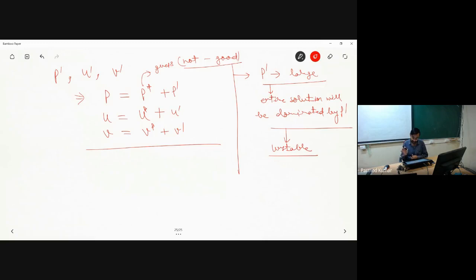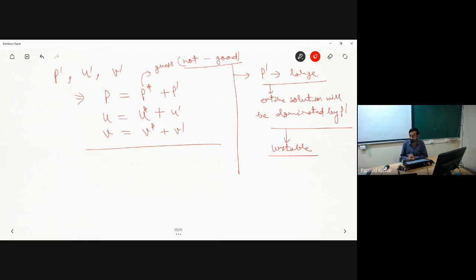So this is one important consideration: if our initial guess is not good, our pressure correction term p dash will be very large and our entire solution will be dominated by it, and there will be chances of divergence of the solution in certain cases, and if it is not diverging, it may happen that our solution will become unstable.